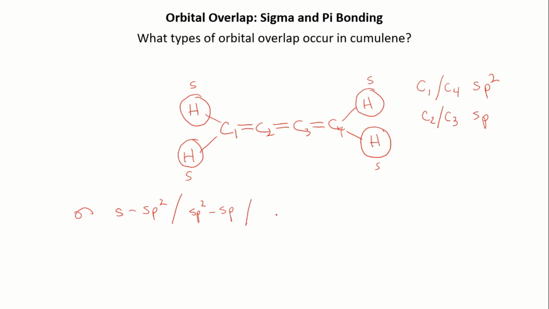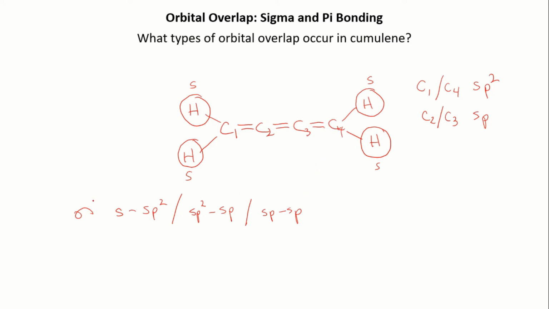Carbon 2 and carbon 3 would be overlapping with sp and sp orbitals, the sp orbital from carbon 2 to the sp orbital of carbon 3. And then carbon 3 would repeat the same bonding that carbon 2 does. The sp orbital of carbon 3 would overlap with the sp2 orbital of carbon 4.